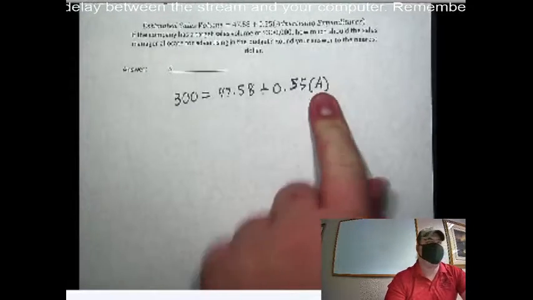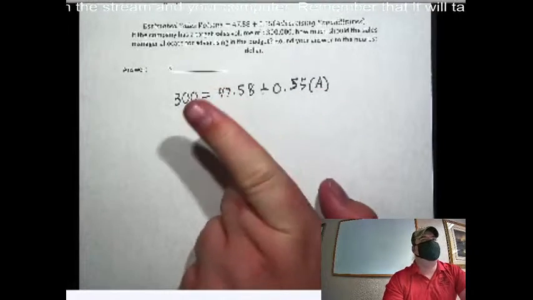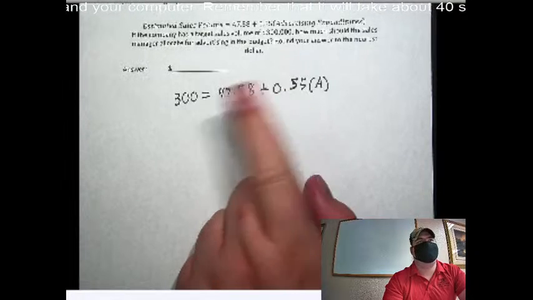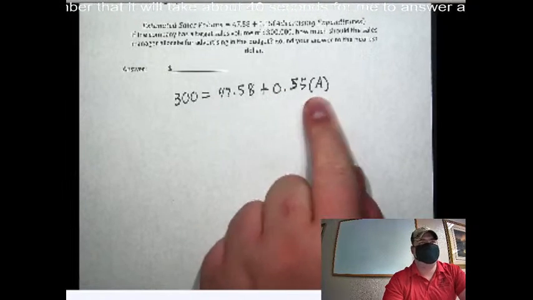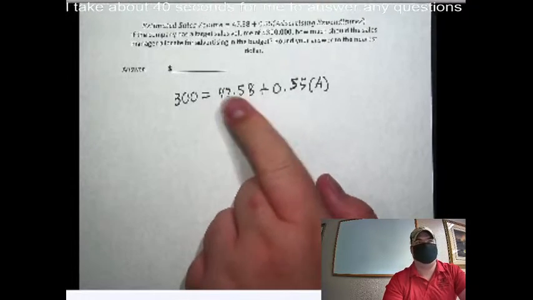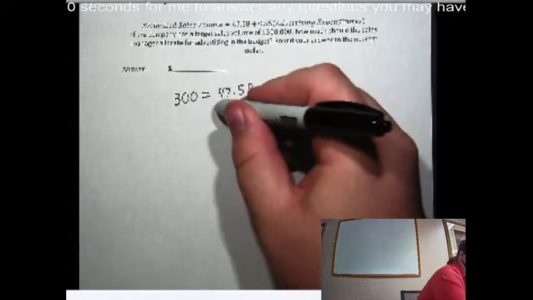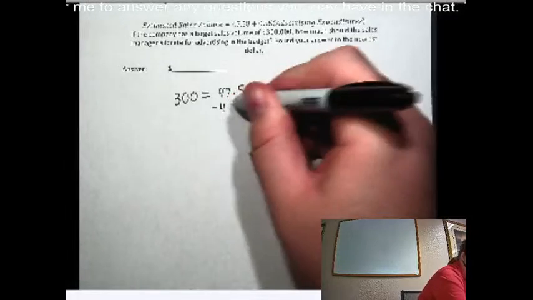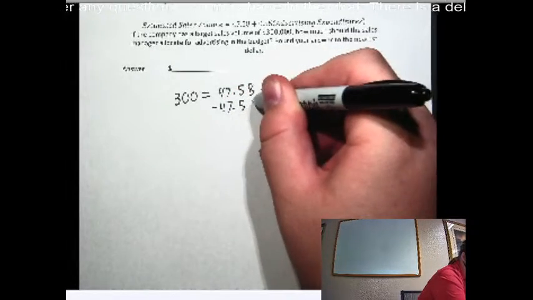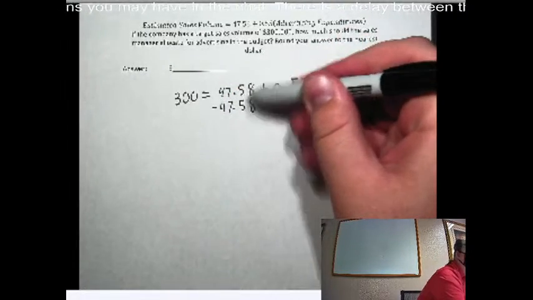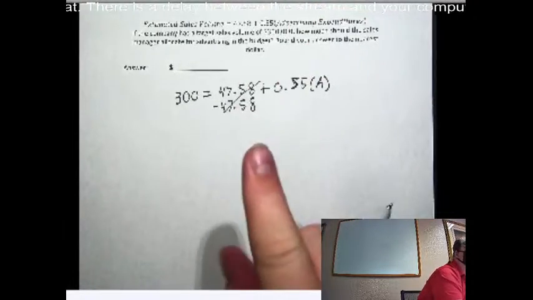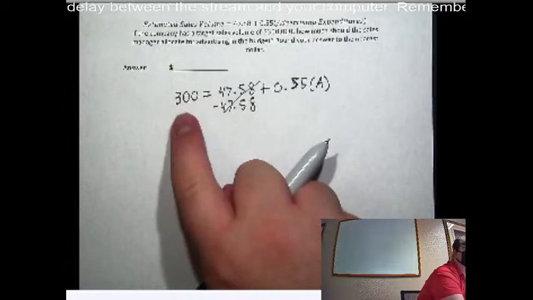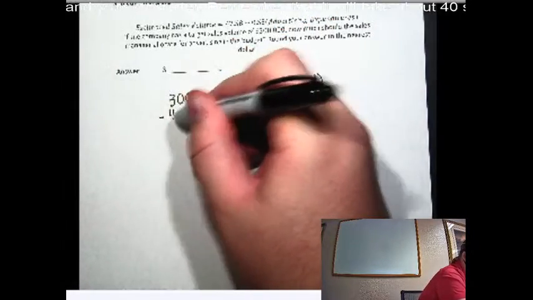So we need to get A by itself. Right now, we're multiplying by 0.55 and adding 47.58. So let's get rid of these numbers. The easiest one to get rid of is the one that's adding, so we can subtract to cancel it. Positive 47.58, negative 47.58, cancel. But we need to remember that whatever we do to this side, we need to do to this side as well. This equation needs to be perfectly balanced at all times.